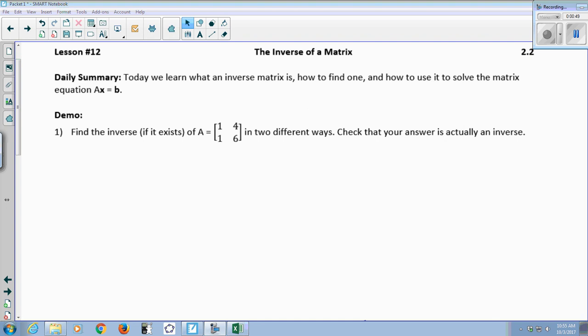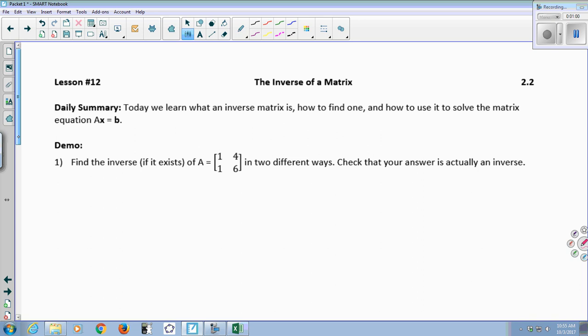So I have a matrix A, 1, 4, 1, 6. I'm going to find its inverse in 2 different ways and check that it's actually an inverse. For a 2 by 2, I have a special formula for finding the inverse.